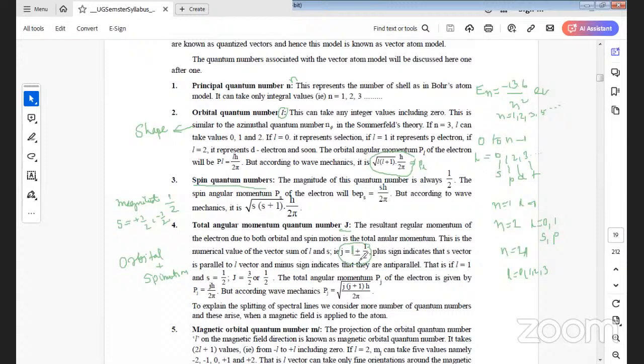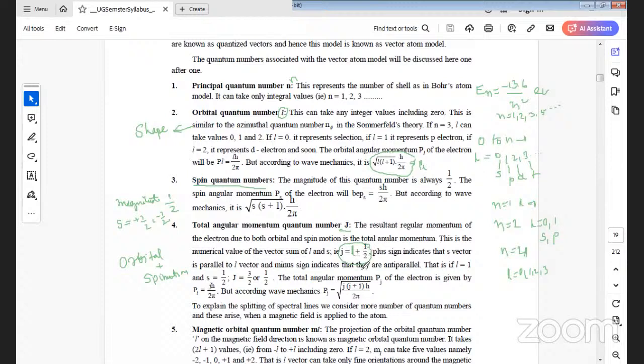The plus sign is used here because S is parallel to L. When S is anti-parallel to L, we have the minus sign.